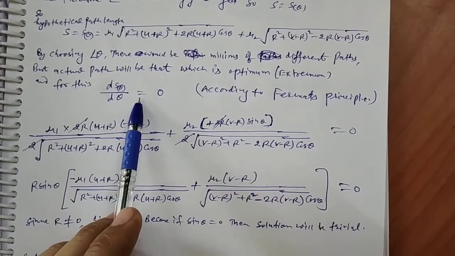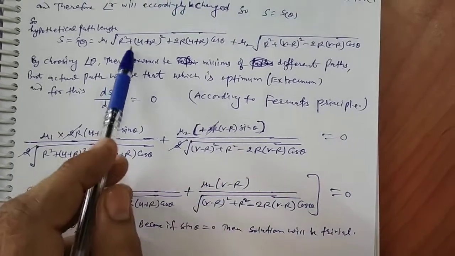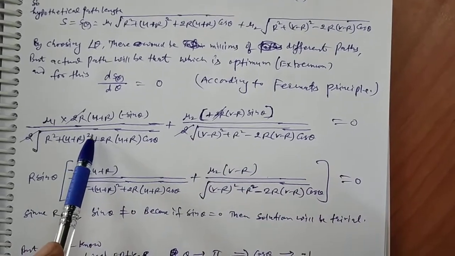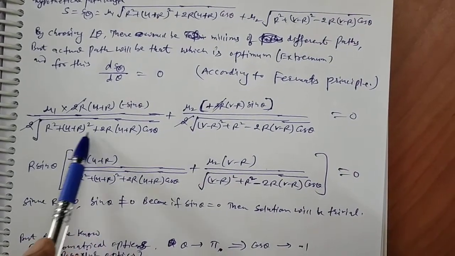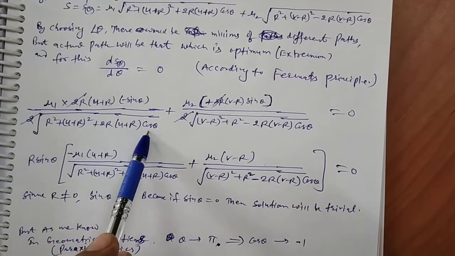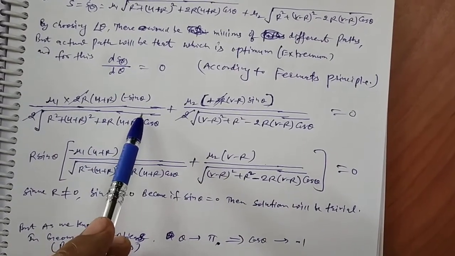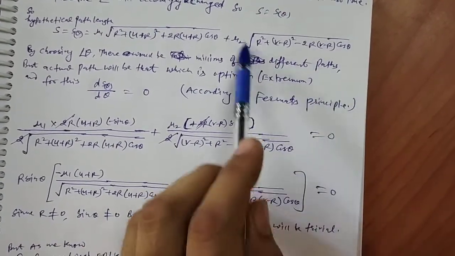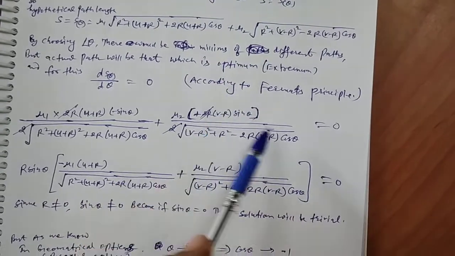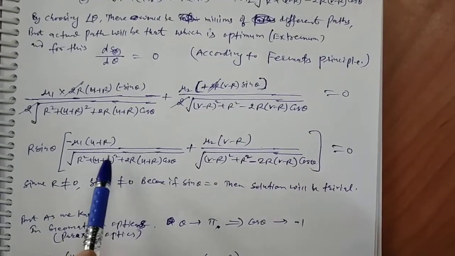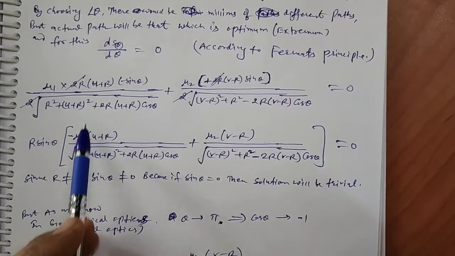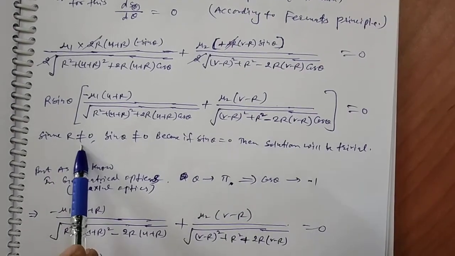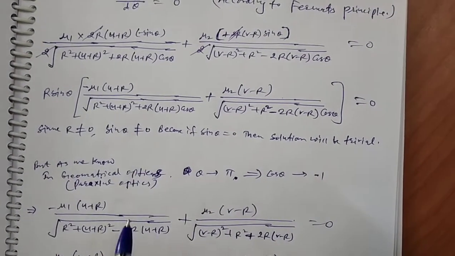After differentiating, this can be written as mu1 into 1 upon 2 root of this, and after differentiating it with respect to theta, this one is 2R(u plus R), and cos theta, the differentiation of cos theta is minus sin theta. Similarly, we can differentiate this, and the derivative of this is equal to this one. Now we can take R sin theta common, then we can write this as like this. R cannot be 0. Similarly, sin theta cannot be 0.